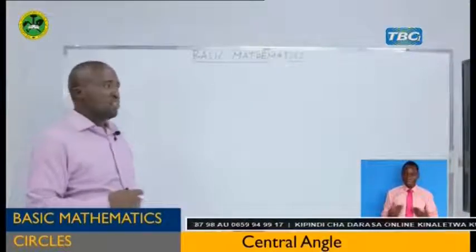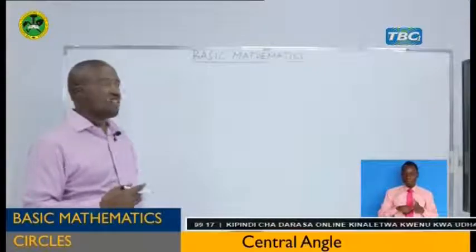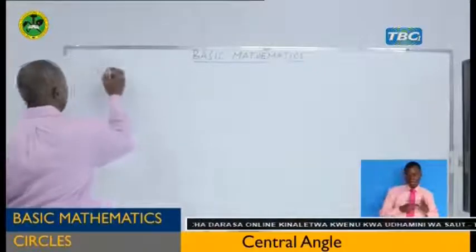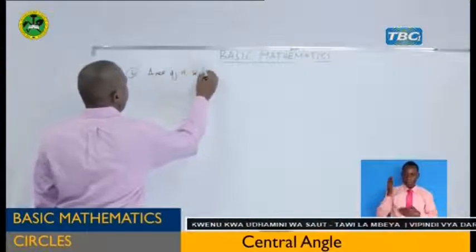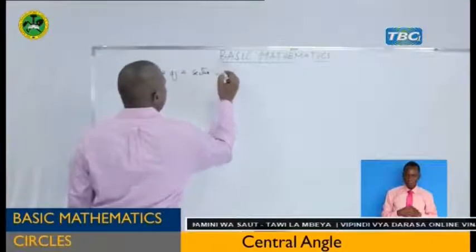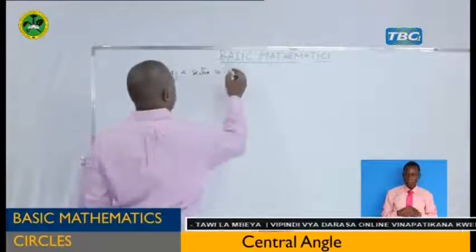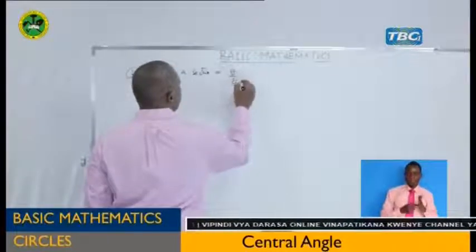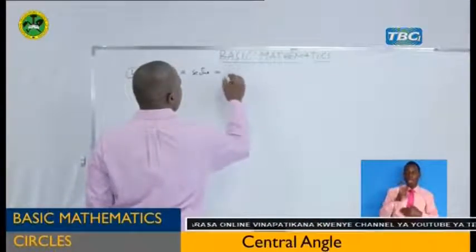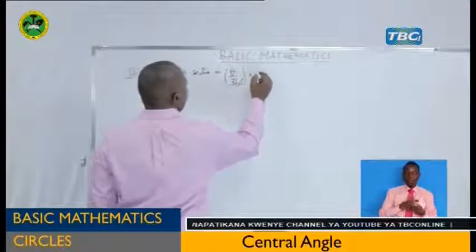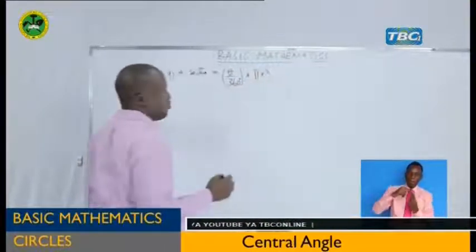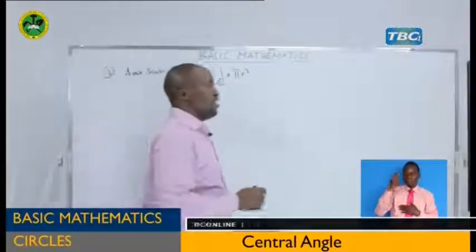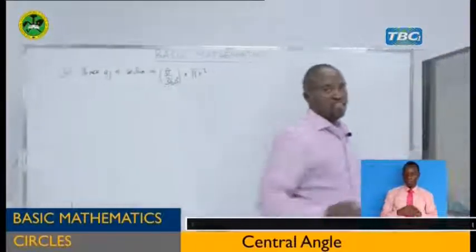So my dear student, you remember the formula for finding area of a sector. That is area of a sector given by theta over 360 times pi r squared. Now let us find the area of this sector.